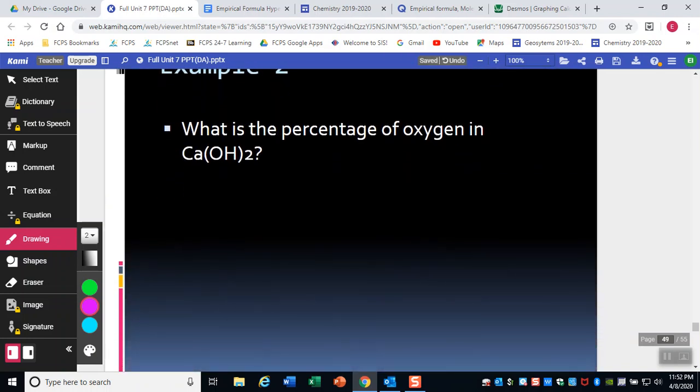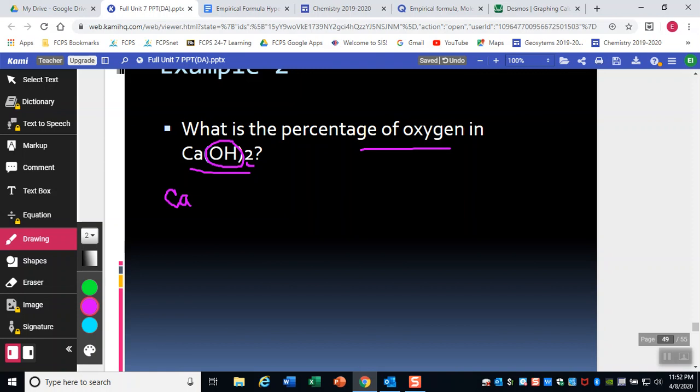So the percentage of oxygen, same thing, but we have a different molecule, all right? So let's see how much oxygen we've got. I've got 1 calcium. It says I have two hydroxides, right?